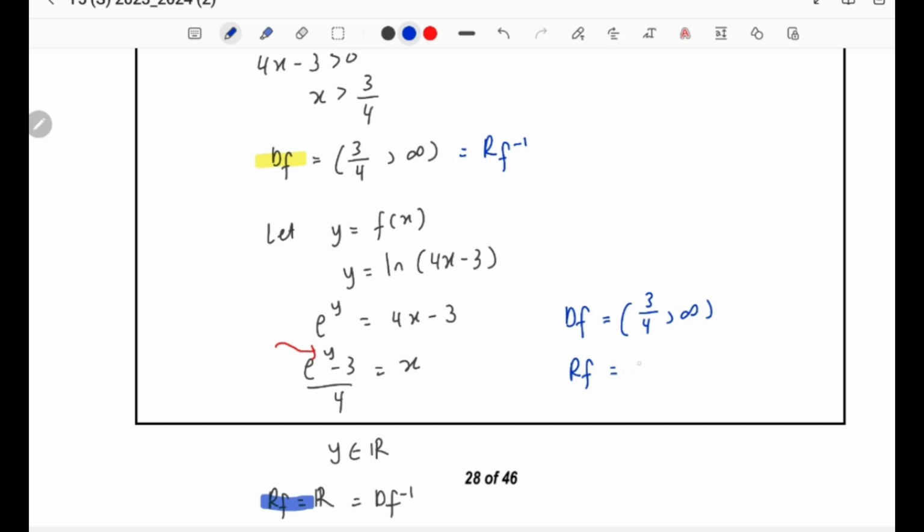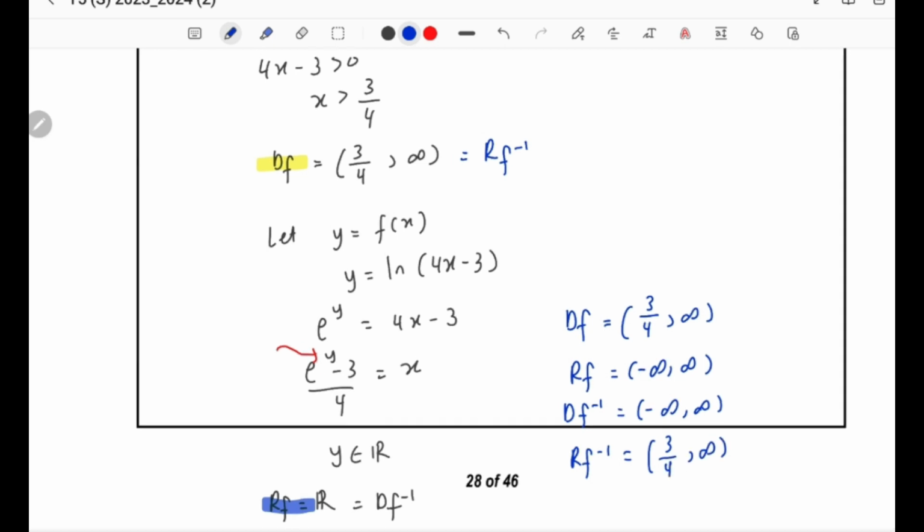Range of f is all real numbers or (negative infinity, infinity). Domain of f inverse, which is equal to range of f, is (negative infinity, infinity), and the range of f inverse equal to domain of f, which is (3/4, infinity).